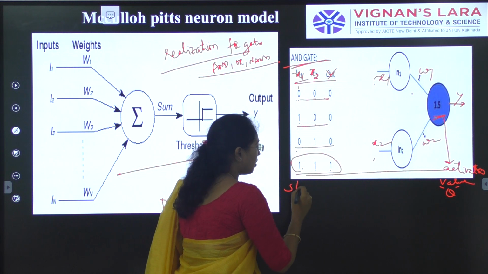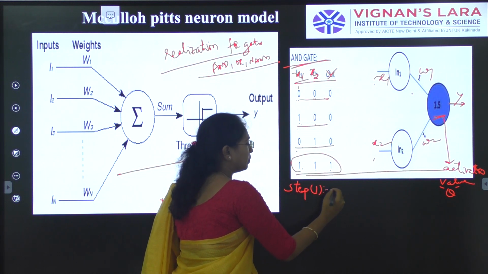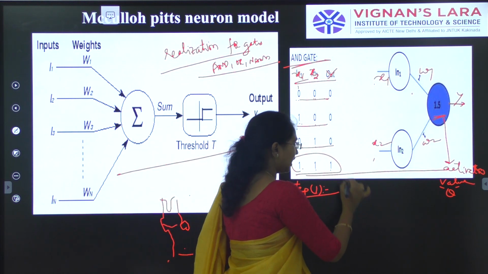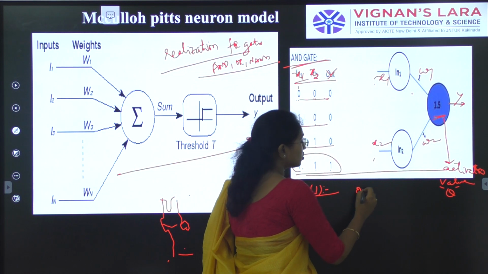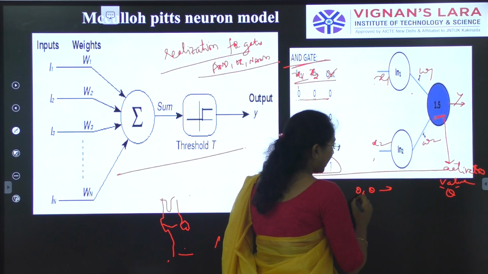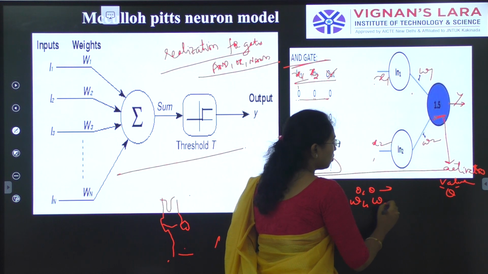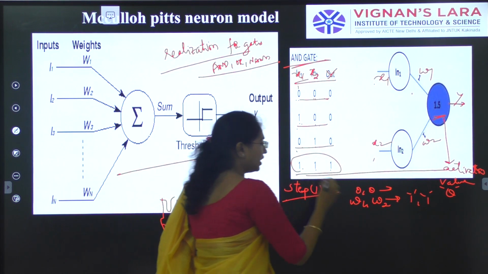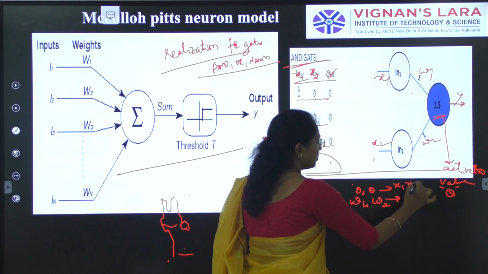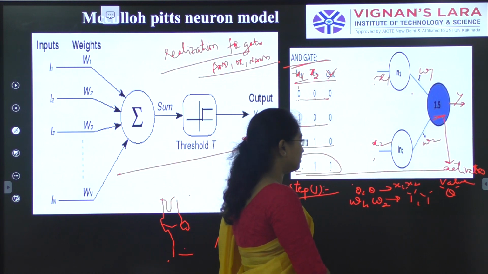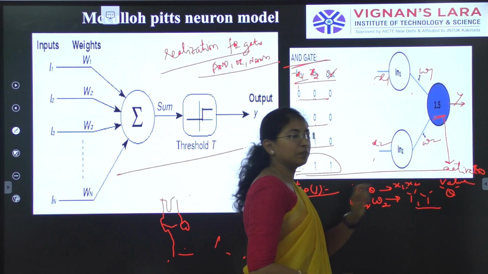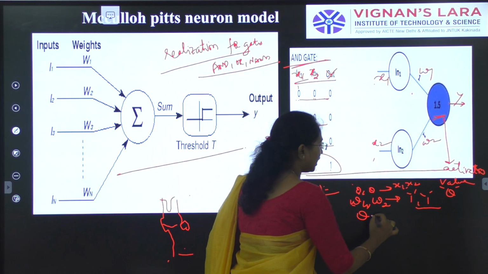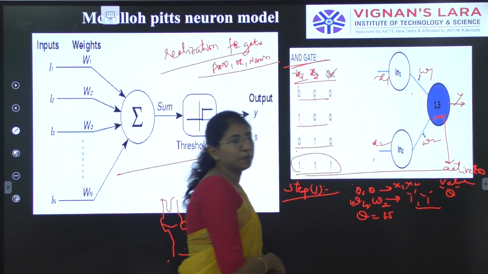We are going to perform 4 steps of operation in order to implement the AND gate using McCulloch-Pitts neuron model, where initially inputs are fed. Step 1: inputs 0,0 are fed, and weights W1, W2 are initialized as 1, 1. So here in step 1, x1, x2 are 0, 0, and the weights W1, W2 are 1, 1. These are the weights we have randomly considered, and the activation value theta is 1.5.